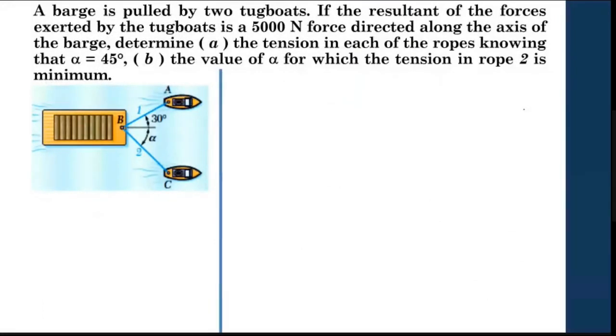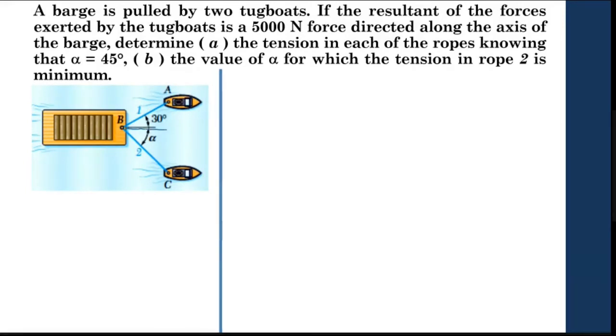So there is another problem related to that, right? You have a tugboat, right? If the resultant of the tugboat is 5,000 force directed along the axis of the barge, what does it mean? The barge is this one, right? So this is my resultant.